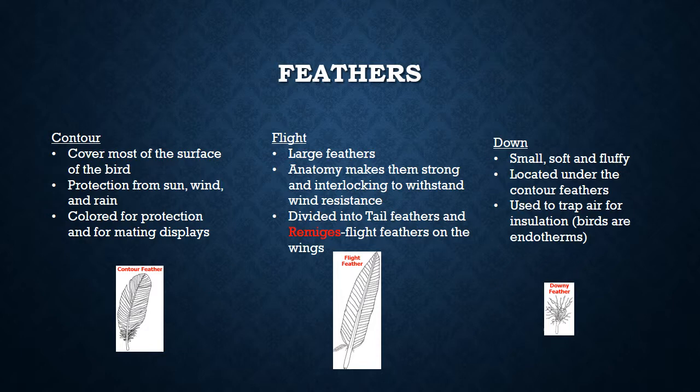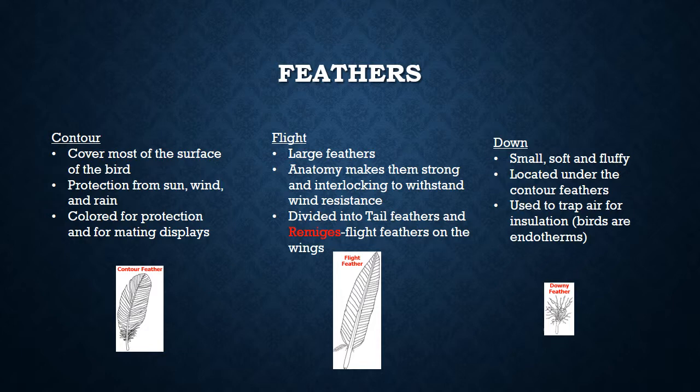Okay, so we said that feathers are unique to birds, and feathers are basically modified scales. So the scales that we saw in reptiles, these are modifications. They come from the epidermis, and there are different types. They're all arranged in particular rows that allow the bird to be very aerodynamic and sleek.